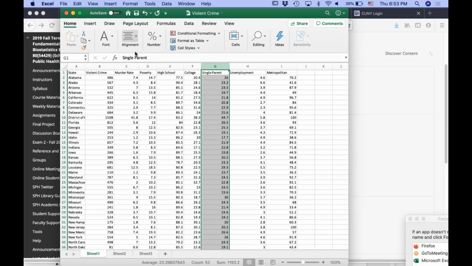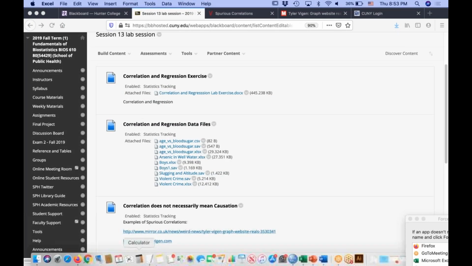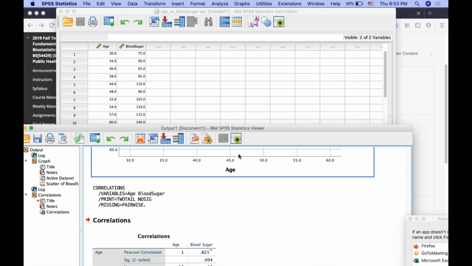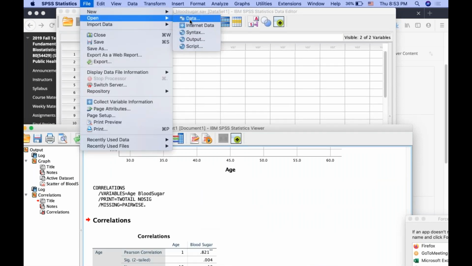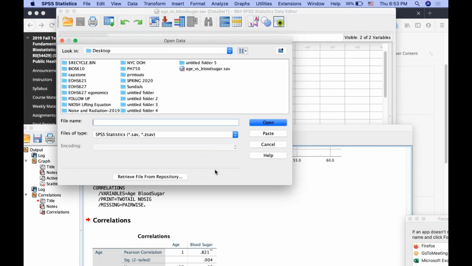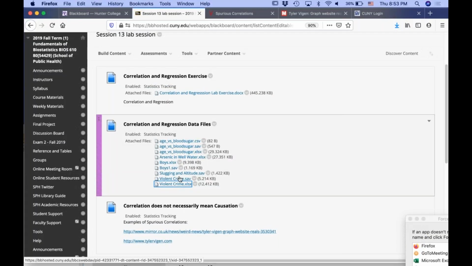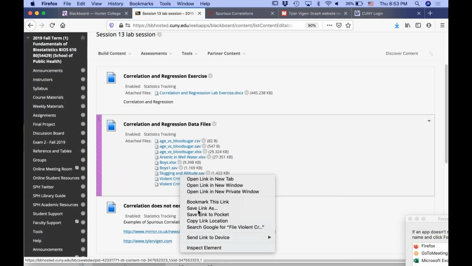So we'll go up there. This is open in Excel. Let me close that off and open it in SPSS. Is it open in SPSS? I don't have it open in SPSS. Did I download it yet? No, I didn't download it yet. Let me go back and download the SAV file.